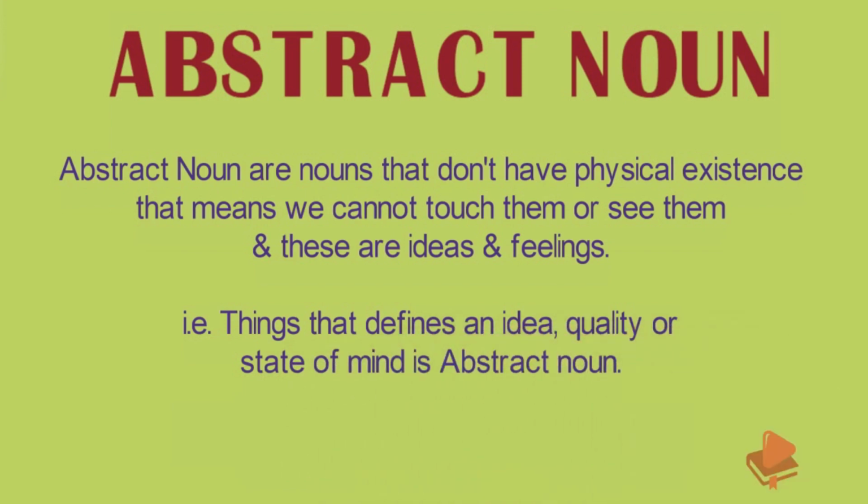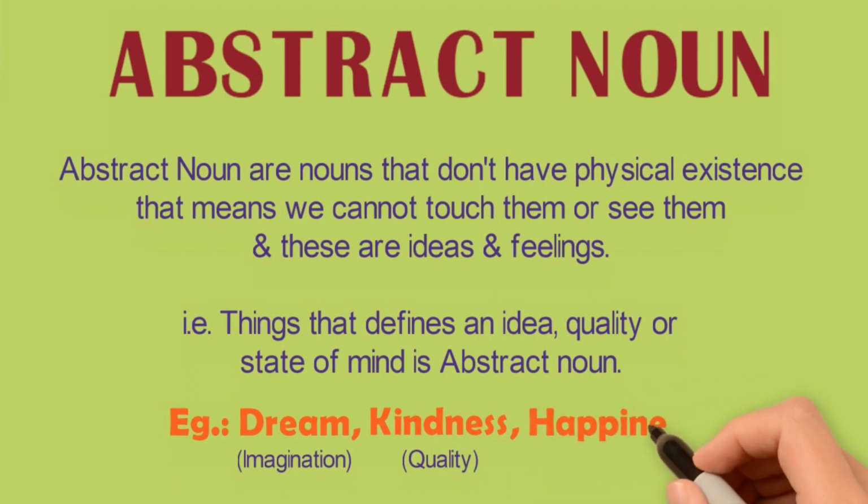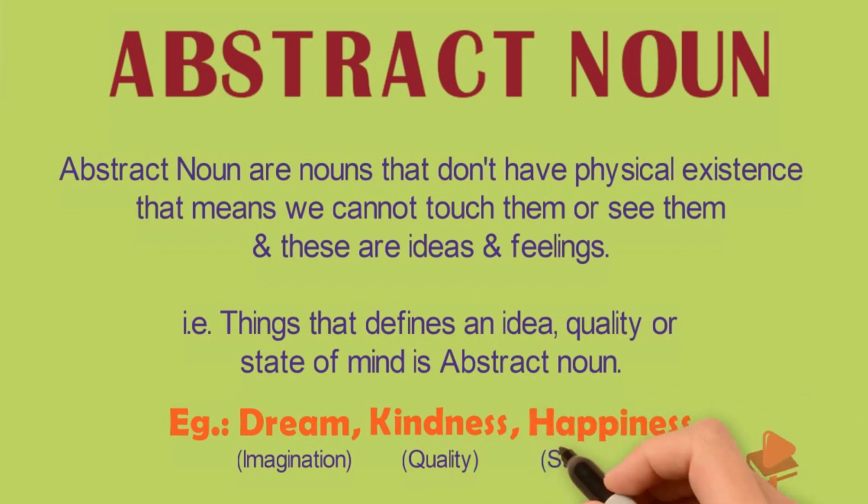It is called as abstract noun. For example, we dream. So dream is an imagination. Kindness. Kindness is a quality, and happiness is a state of mind. So these come under the category of abstract noun.